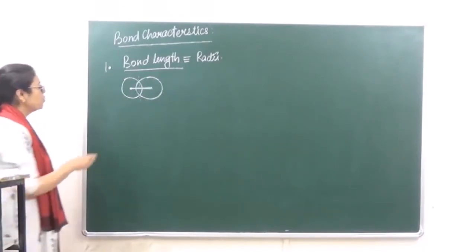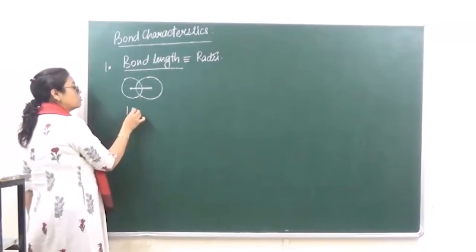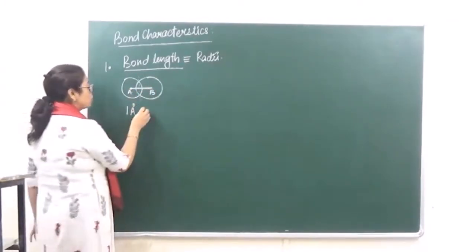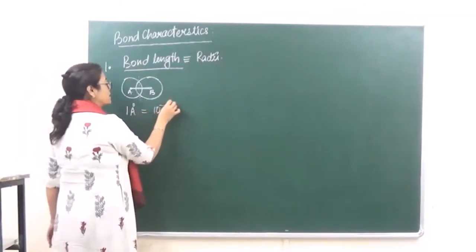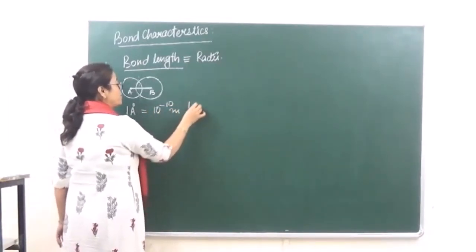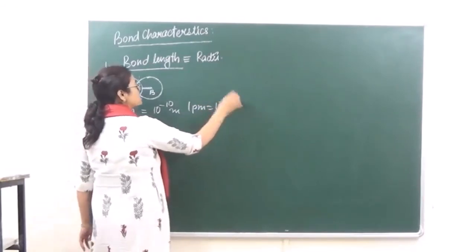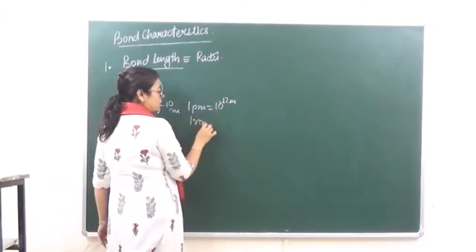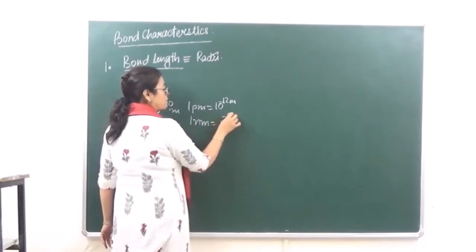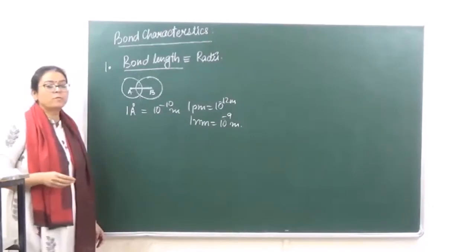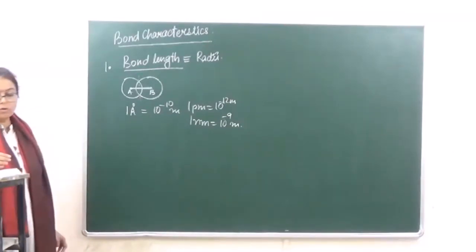और bond length को हम लोग measure करते हैं in terms of Armstrong. 1 Armstrong which is equal to 10 raised to power minus 10 meters, or 1 picometer which is equal to 10 raised to power minus 12 meters, or 1 nanometer which is equal to 10 raised to power minus 9 meters. So these are the units in which you are going to measure the bond length. Okay.